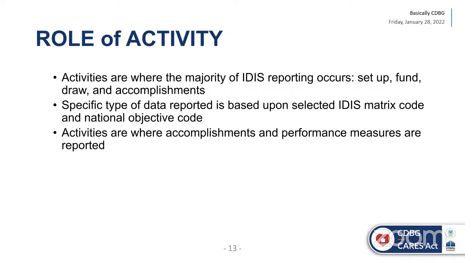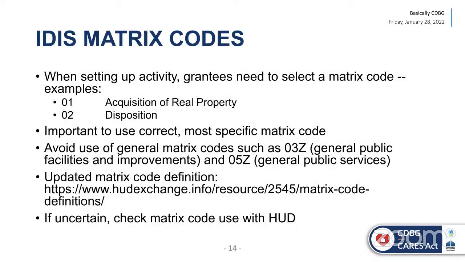What type of elements you have to report in IDIS is based on the matrix code and national objective combination you selected in IDIS. And also what type of accomplishment data you have to report is also based on the matrix code and national objective combination.